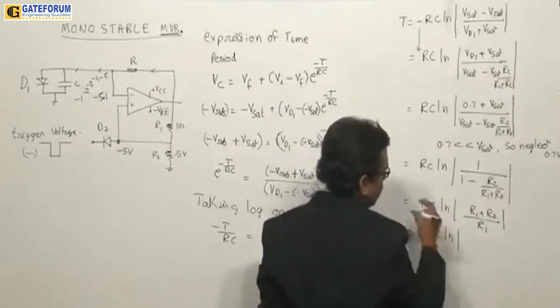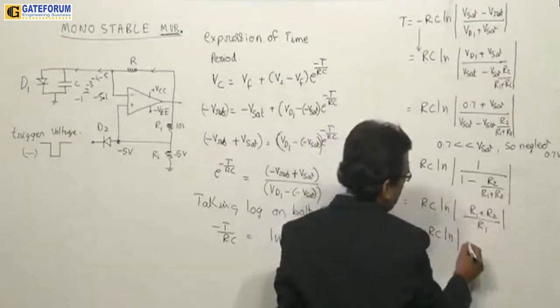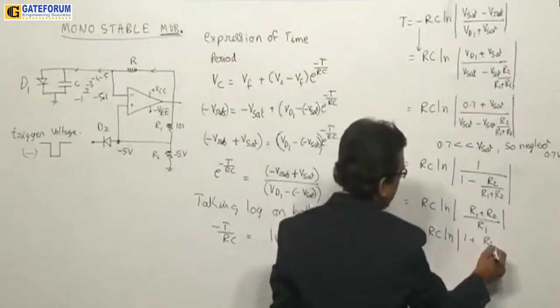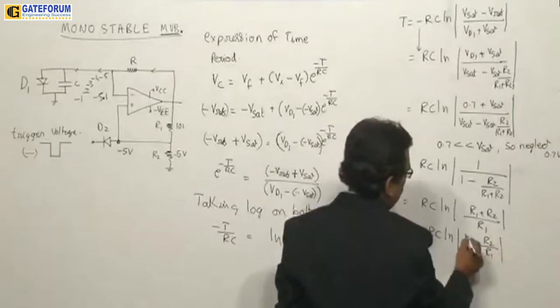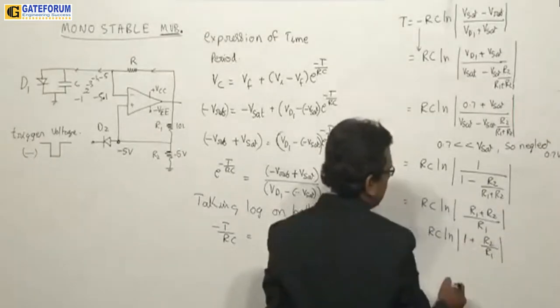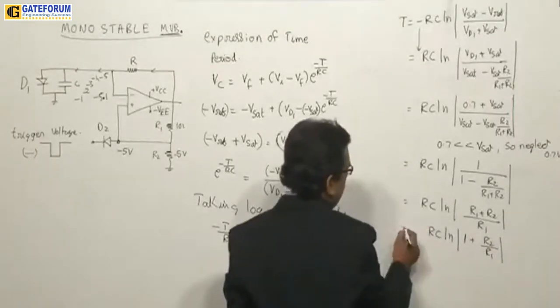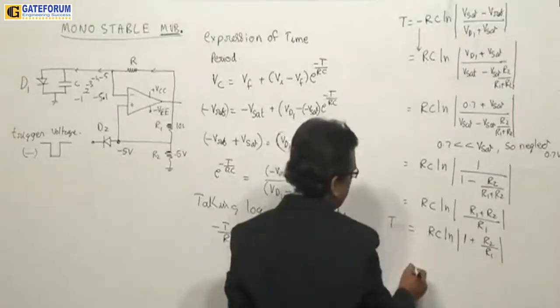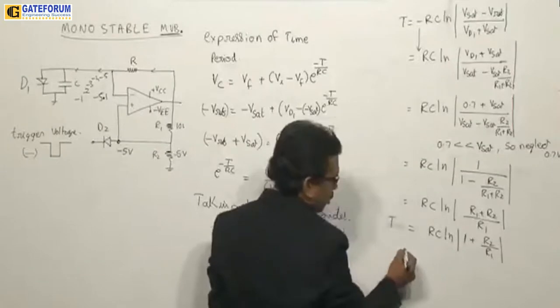Now if you try to take this value here, RC Ln, you are going to get 1 plus R2 divided by R1. You are supposed to get it like this. So this is the point you get when you equate this time period, t is equal to this.